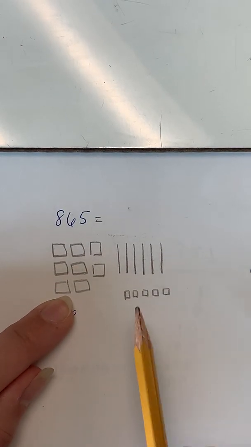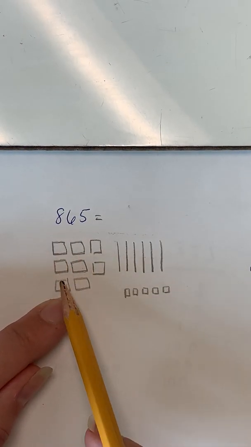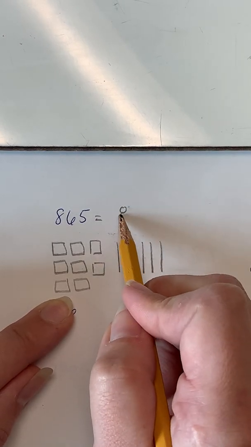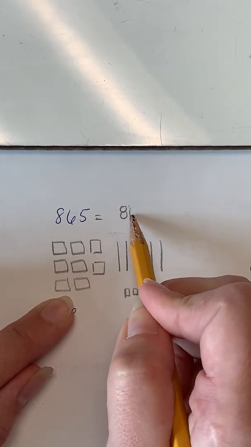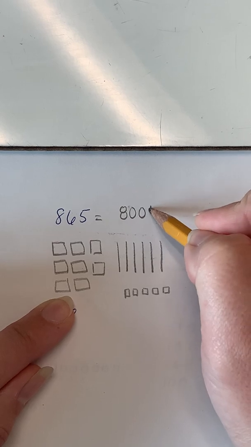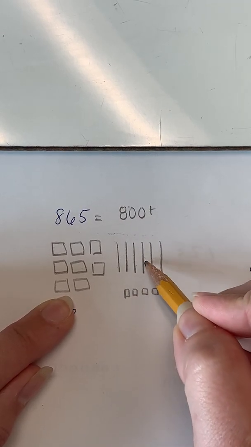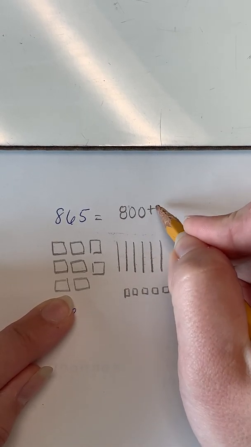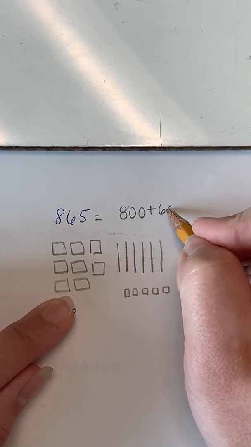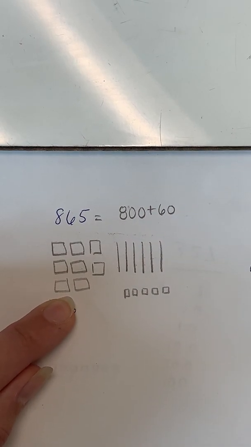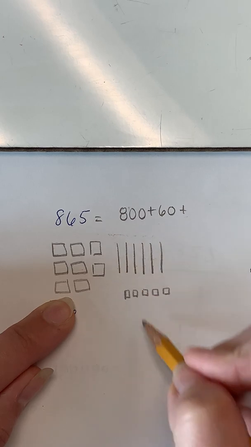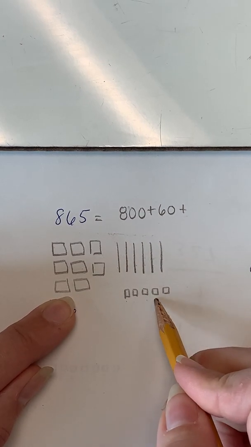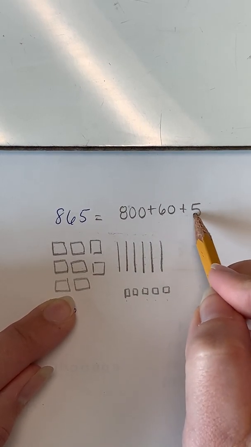Go to that one. How many hundreds? 800. How many tens? 60. And how many ones? 5.